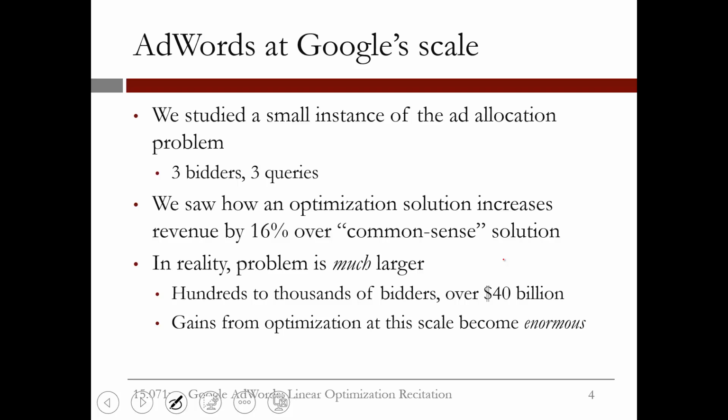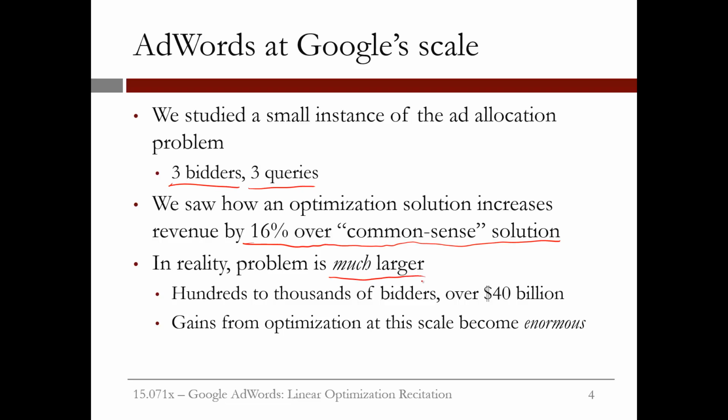Let us now summarize the salient points of this recitation. So far, we have studied a small instance of Google's ad allocation problem where we had just 3 advertisers or bidders and 3 queries. We saw how an optimization solution increases revenue by 16% over a simple common sense solution. What I'd like you to remember is that in reality, this problem is much larger.